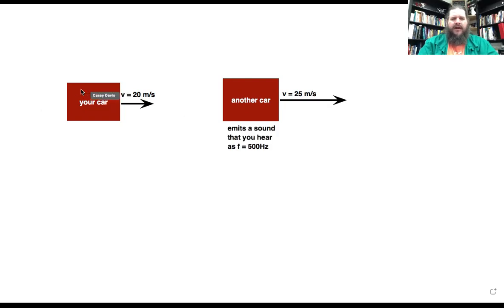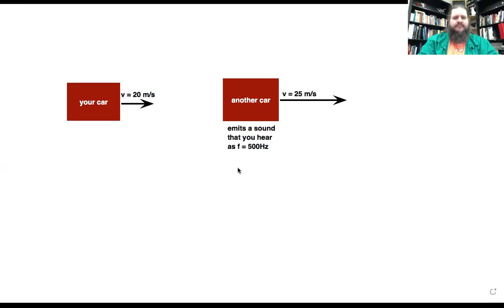So you're in your car and you're listening to the sound made by the other car, and you hear a sound of 500 hertz. Is that the sound the other car is actually producing? No. Why would you be hearing a different sound than what the car is actually making?